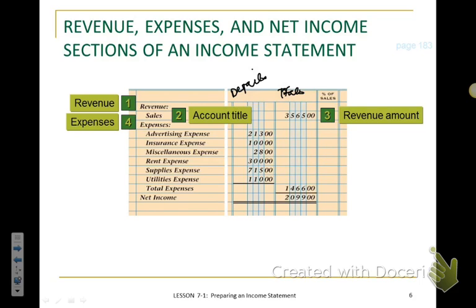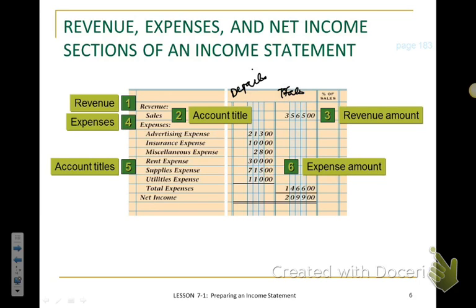Then we go into our expenses, and again, the category of expenses is out here on the left-hand margin, and then the individual items are slightly indented. We put all of the account titles for the individual accounts slightly indented, and then their related dollar amounts in this details column.